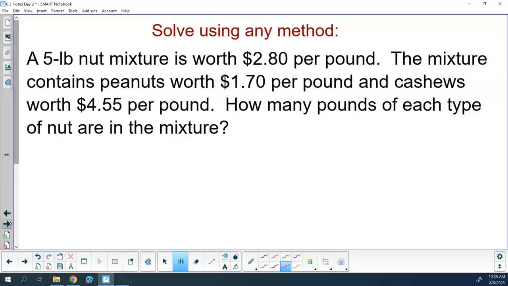Okay. Well, what do we want to go with for our variables? P and C. So P would be pounds of peanuts. C would be pounds of cashews. Okay.